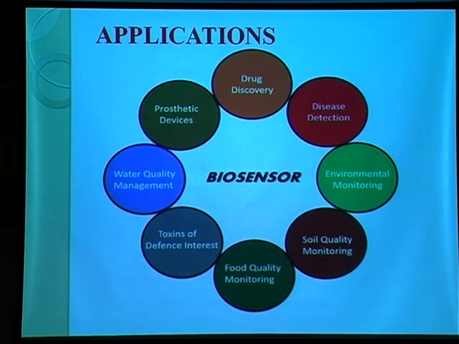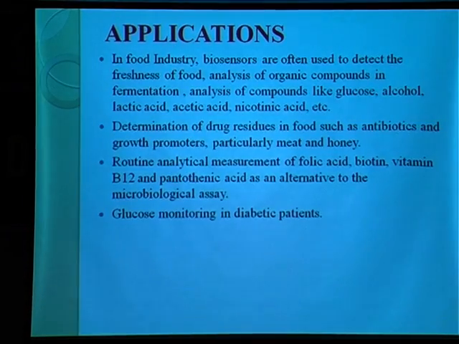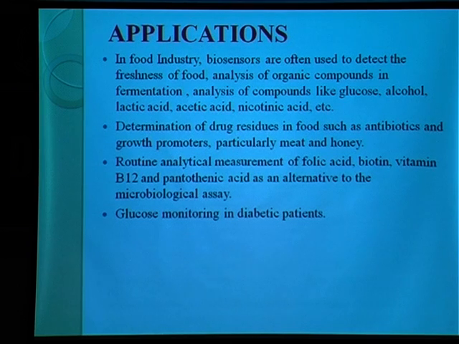If any warfare activities are going on, they can be detected. And applications in different industries, like the food industry, for routine analysis, we can go for this biosensor also, because a small concentration is required for these biosensors.